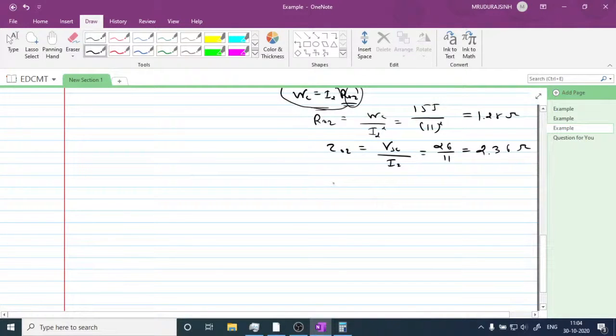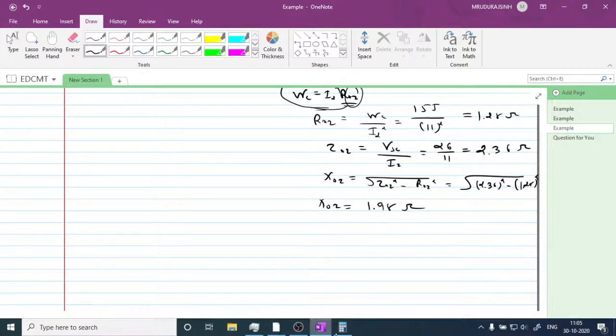So that is Z02, and then we'll go for X02, which is equal to under root Z02 square minus R02 square, that is 2.36 square minus 1.28 square. I will calculate this in the calculator and directly write the answer, and that is 1.98 ohm.